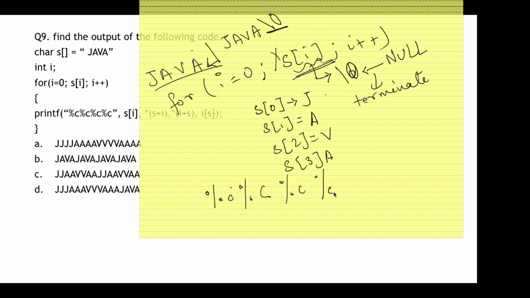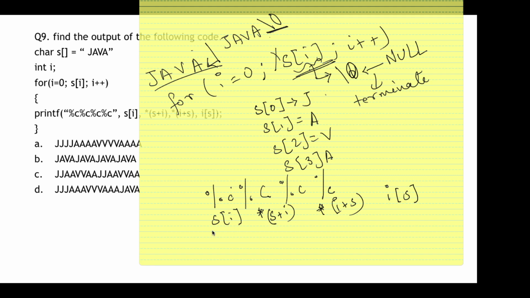Now %c and %c. That means I have to find out 4 outputs. One is s of i, one is *(s+i), one is *(i+s), and the other one is i of s. Remember, whether I write s of i or i of s, both are same.